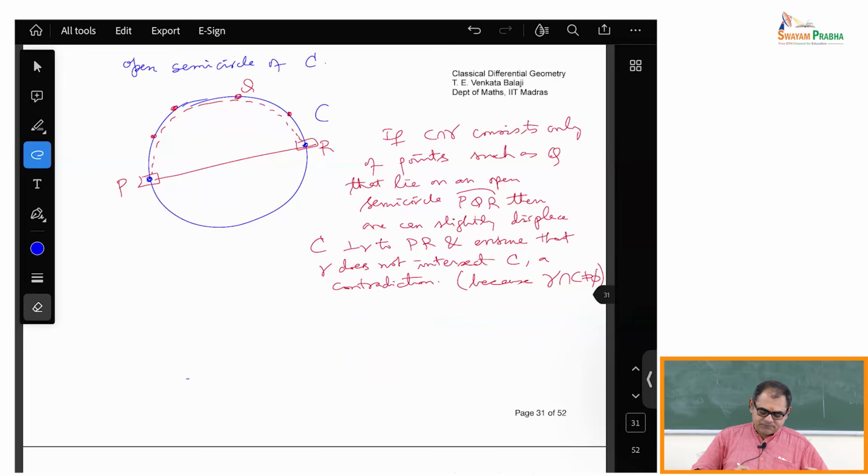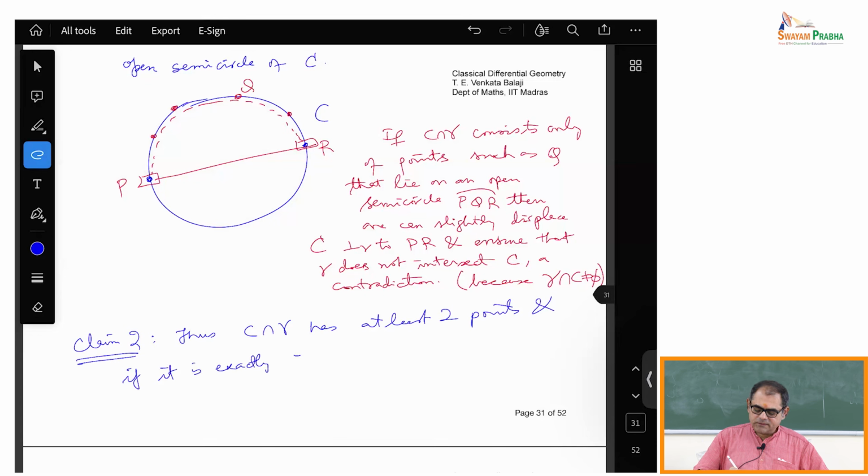So claim 2: thus, C intersection gamma has at least 2 points, and if it is exactly 2 points, then these points are antipodal points.